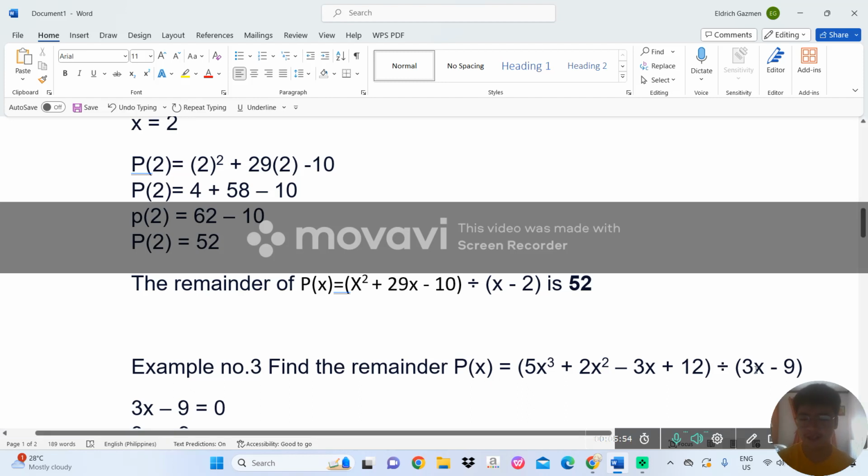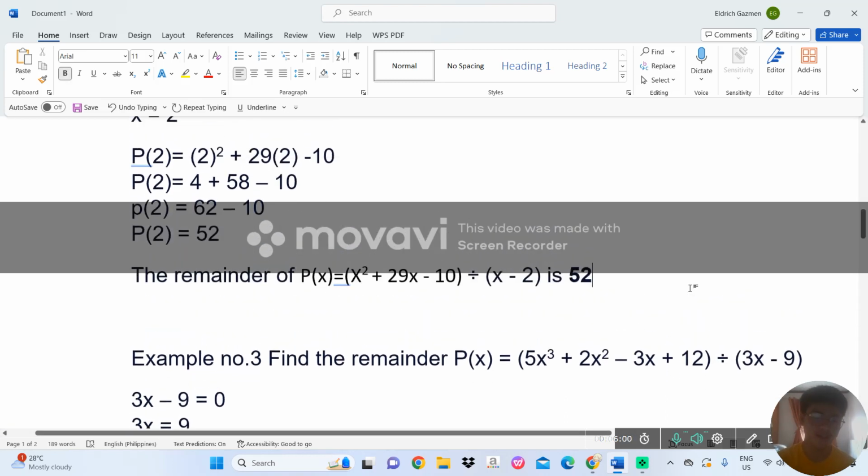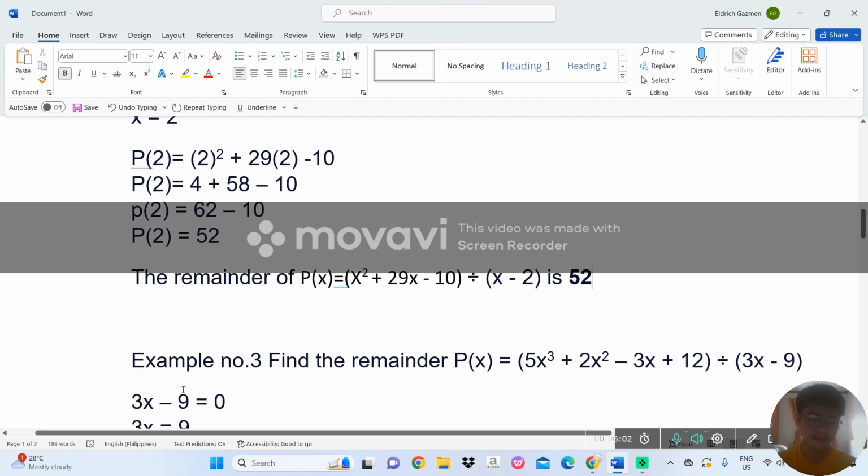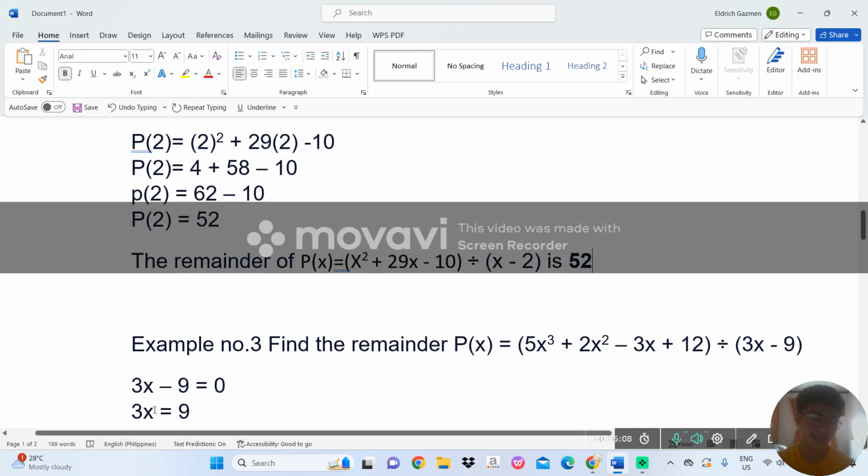So, we first solve the x in our divisor, which is 3x minus 9. We transpose the negative 9 to the other side as always, and then that will turn into 3x equals 9. And if this is the final answer, it is not, because we still have 3 here. It must only be x, not 3x.